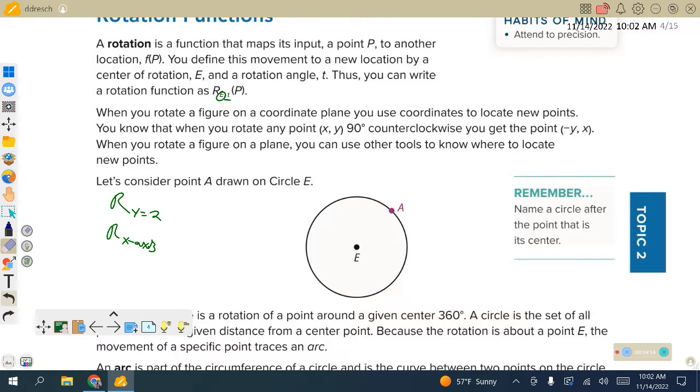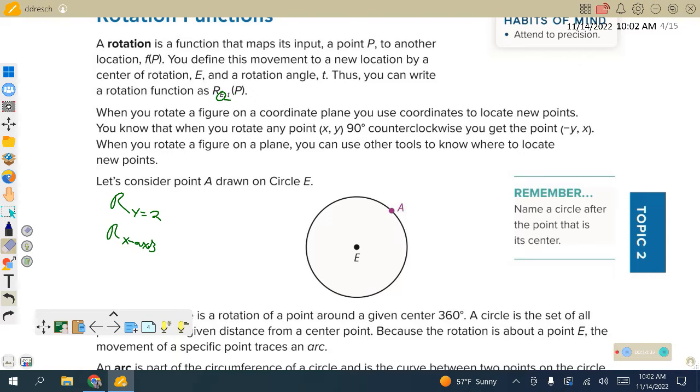And what do you also have to tell me? Which direction to go? I know at one point we had mentioned it, now today we're going to talk about it, is putting either a positive or negative in there. If you tell me a positive, it means one thing. You tell me negative, it means the other. Counterclockwise or clockwise, depending if it's a positive or negative in there. And then pre-image, and in return you get your image.